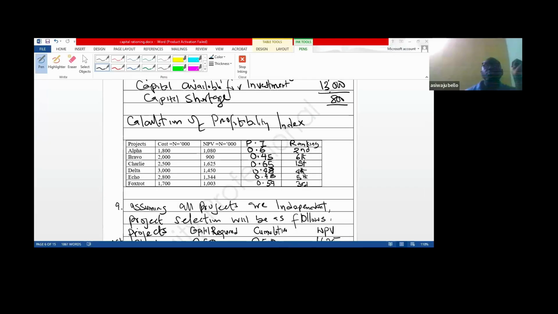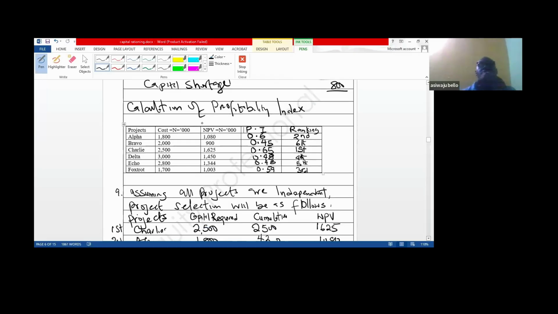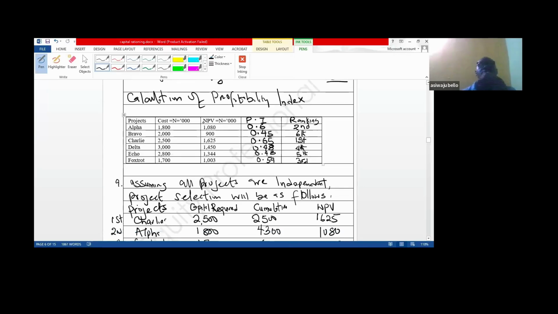We can take 540. Or, the examiner says surplus funds are reinvested at 20%. If I reinvest my surplus funds, 1,200 at 20%, what's my return?